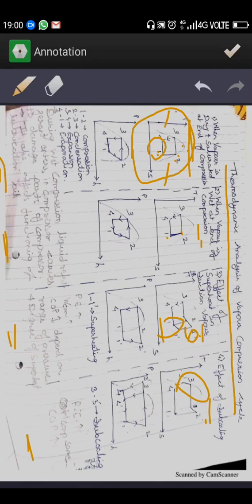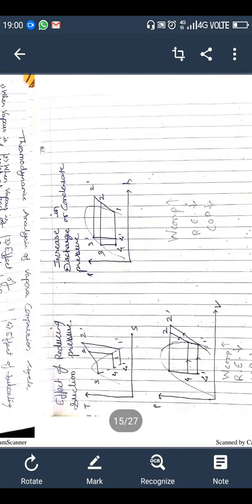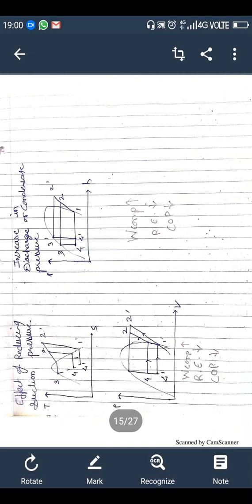How we are producing subcooling, what are its effects, I already mentioned here, you can read it. And we already spent much more time on this concept in the class itself. So here is again the type of this analysis, that effect of reduction in suction pressure.